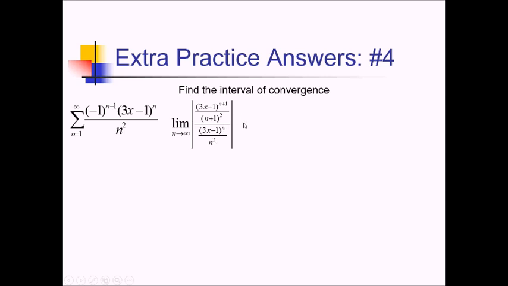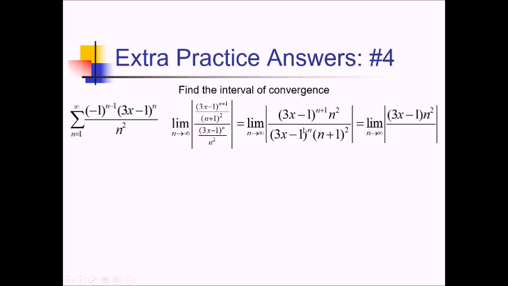And now same change flip to try to reduce and simplify this. I've got (3x minus 1) to the n plus 1 times n squared in my numerator. In the denominator, I've got (n plus 1) squared and (3x minus 1) to the n. These 3x minus 1s can reduce a little bit. That leaves me with just a 3x minus 1 in the numerator. Also, that n squared is still there.